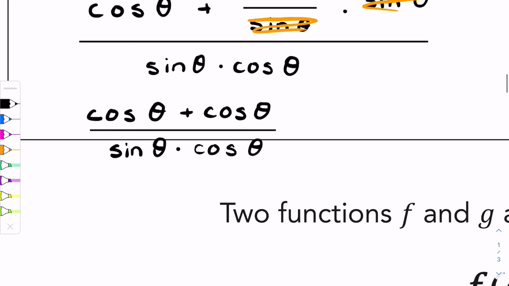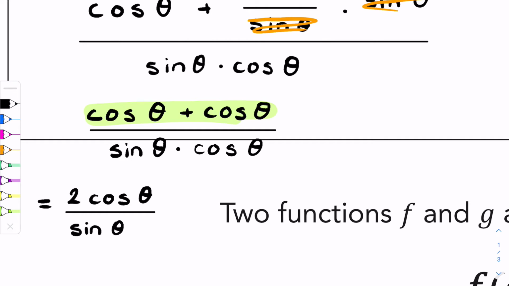In the numerator, if you have two of the exact same factors, which we do, if we had x plus x, we would rewrite that as 2x. So I'm going to rewrite this as 2 times cosine of theta divided by sine of theta times cosine theta.